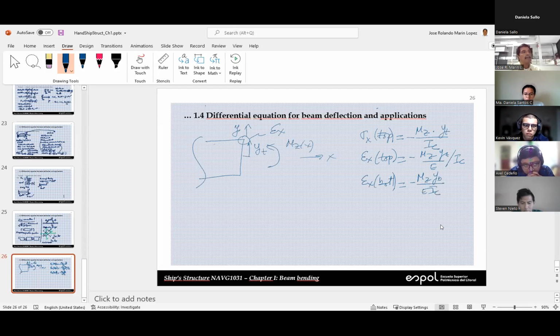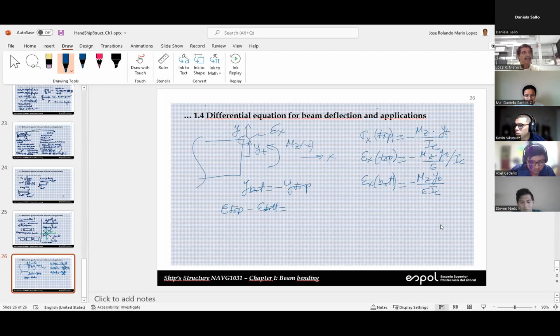So what I'm saying is that you measure the value at the top, subtract the value at the bottom. And the thing is that y at the bottom is equal to minus y at the top. And then you relate these two expressions.